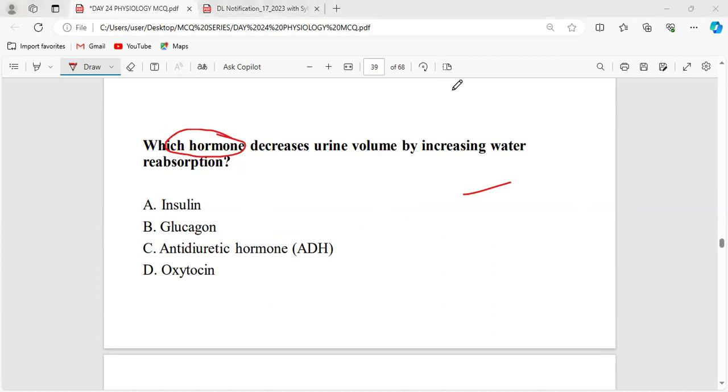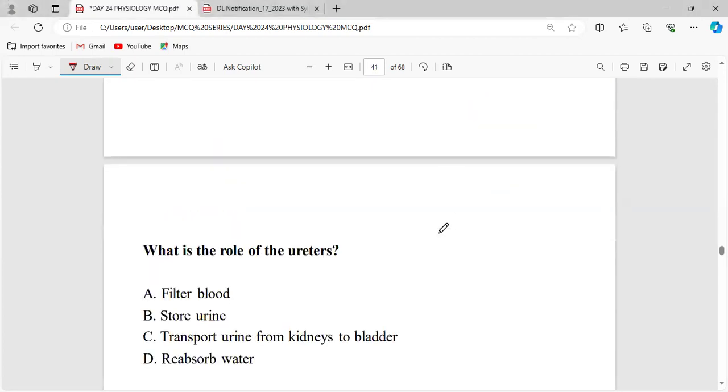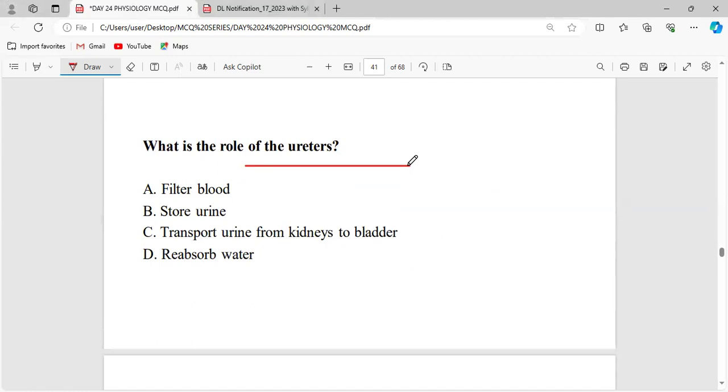We have two different names. One is antidiuretic hormone and it is also called vasopressin. So you should not confuse vasopressin and antidiuretic hormone. Now, what is the role of ureter?